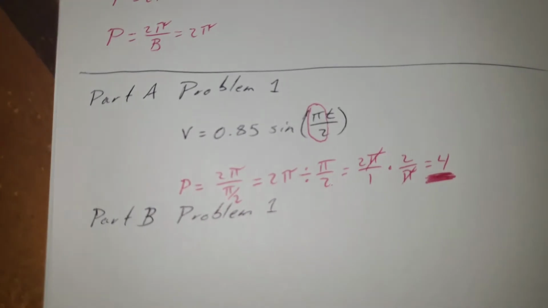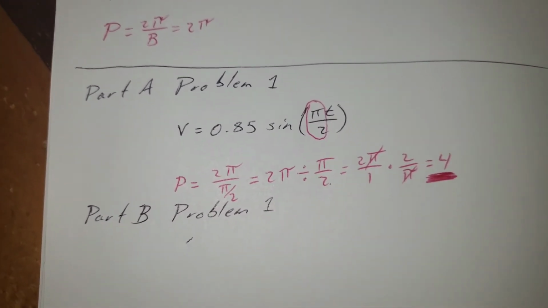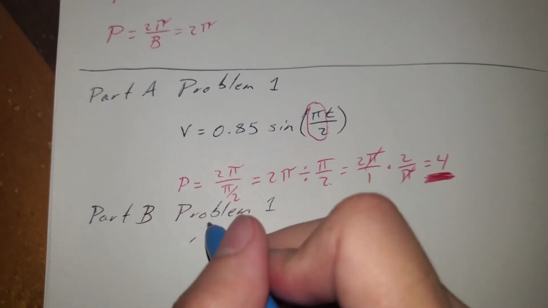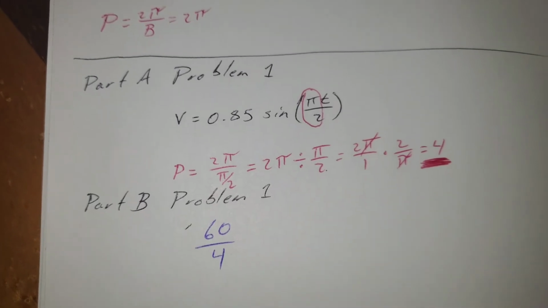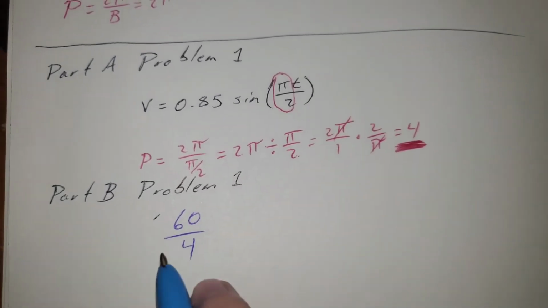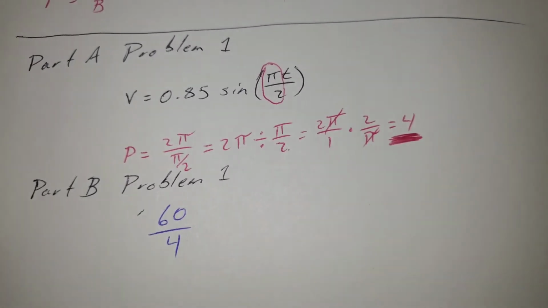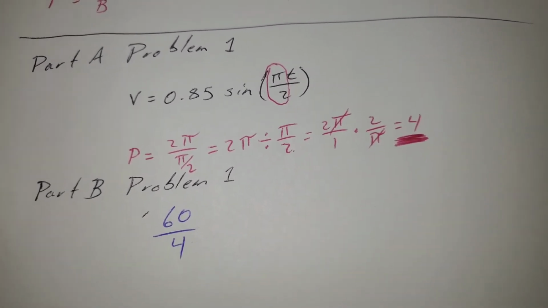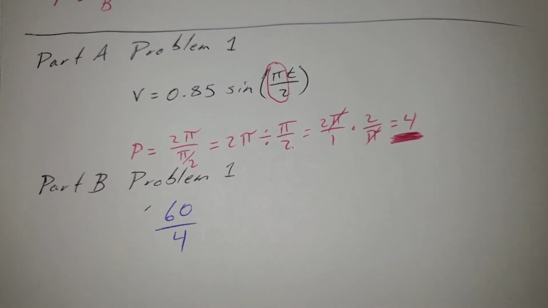Well, 1 minute is 60 seconds. So I'm going to take 60 seconds and divide this by 4, because each cycle is 4 seconds. So 60 divided by 4, that is 15.